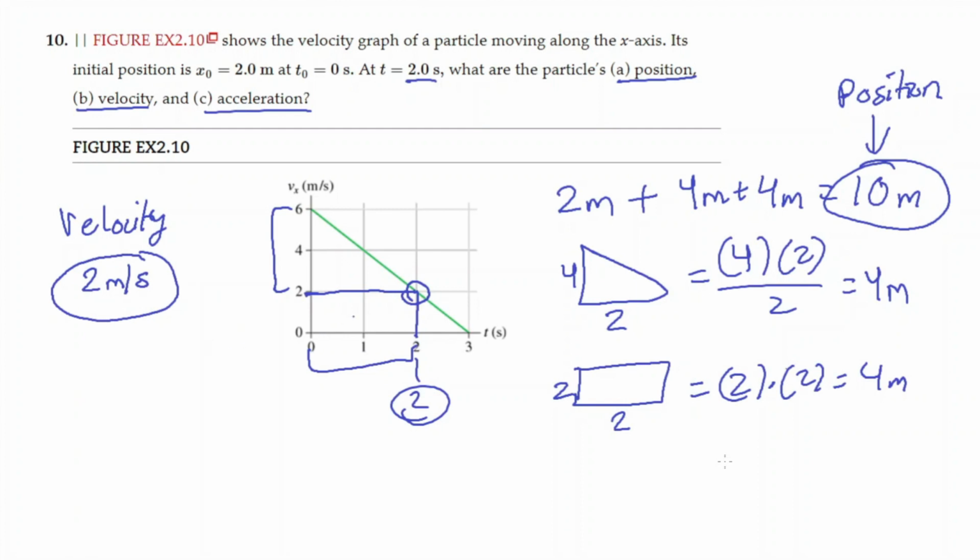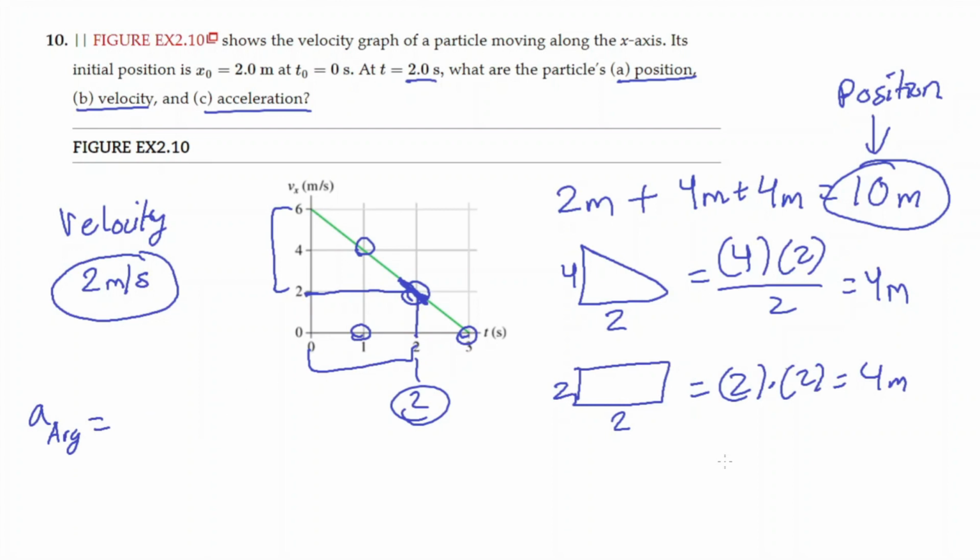And now let's take a look at the acceleration. So the acceleration is going to be the slope of the line at t equals 2 seconds. So in order to find the slope here, a numerical value, what we need to do is take the two closest points to it and find delta A. Or rather, average velocity, or average acceleration actually.